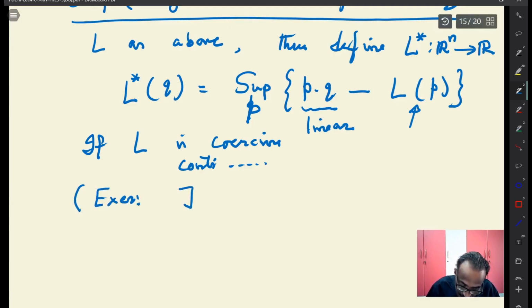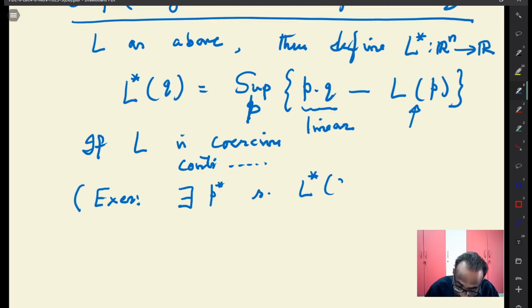There exists some P star such that L star of Q, yeah, there exists a P, okay, this is attained.